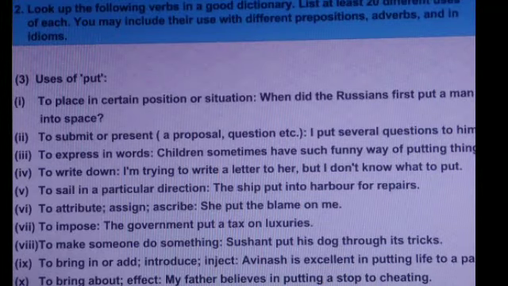Now students, we can see how the verb put is used in order to refer to some position or situation. It is used as a proposal, as a question. It is also used to express certain words, or to write something down in a typical letter format. In order to show a particular direction it is used.